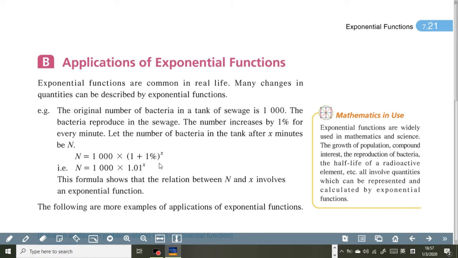So we will have the formula like this. You have a constant a here, 1,000, and then the base here is 1.01, and then to the power x. That means it is not exactly the exponential function. It will be an exponential function multiplied by a constant.